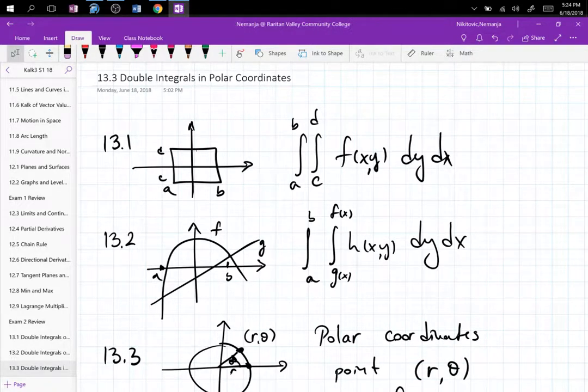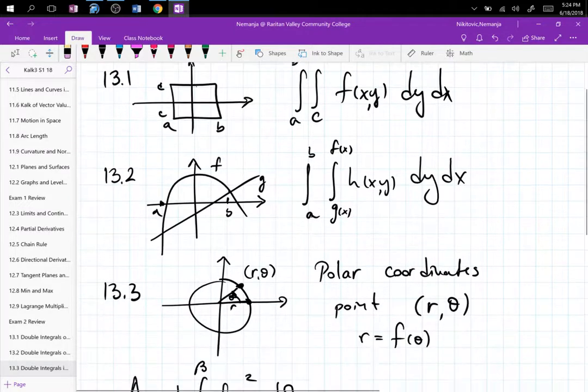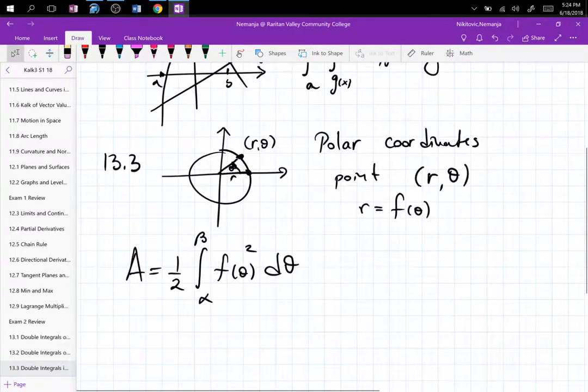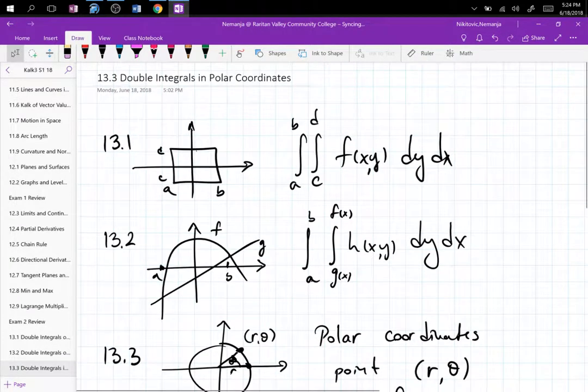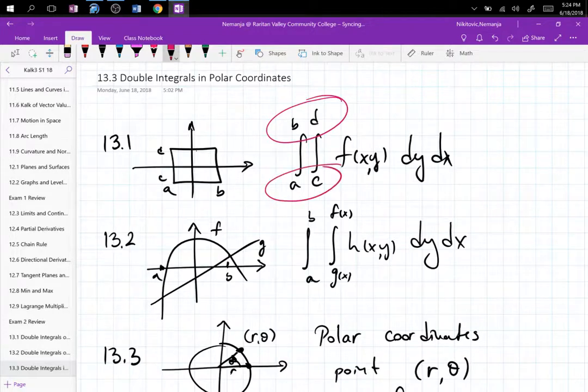And if it was a general region, that meant you had functions. We are still going to have rectangular for polar coordinates and general. Now, rectangular will refer to having numbers everywhere. So at this point in 13.3, we are going to diverge from the notion that rectangular means rectangle.